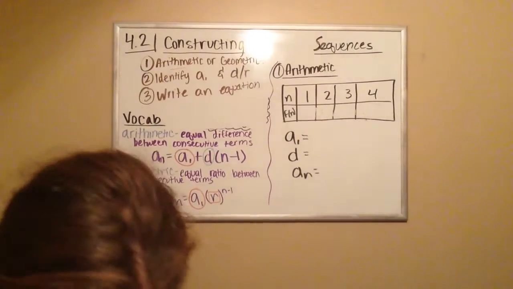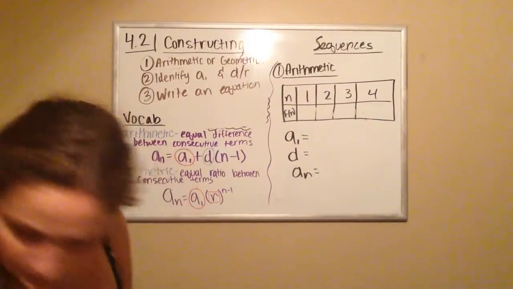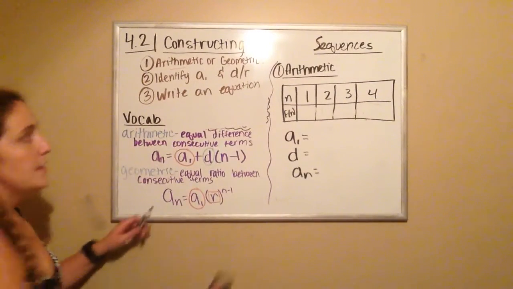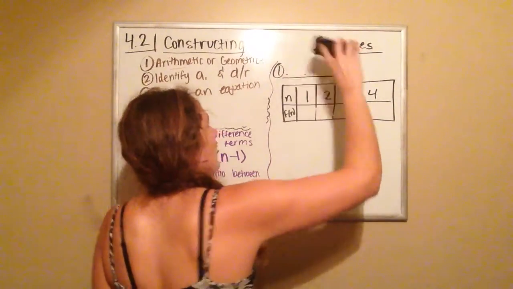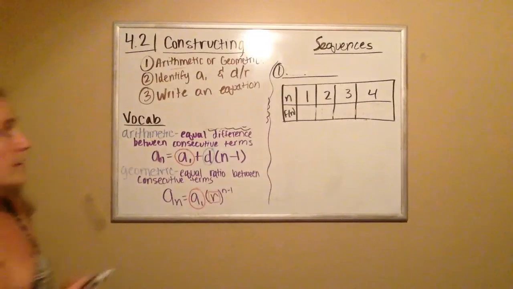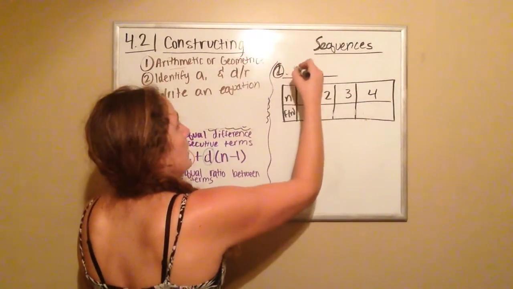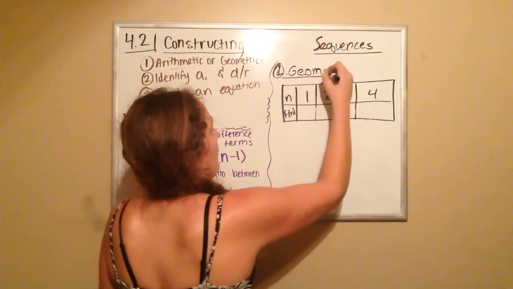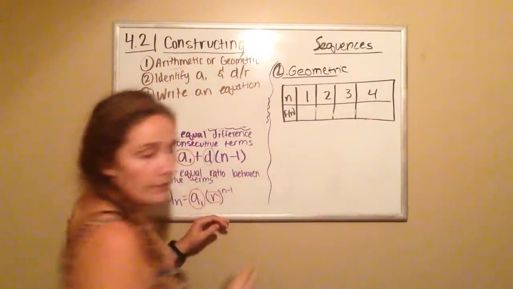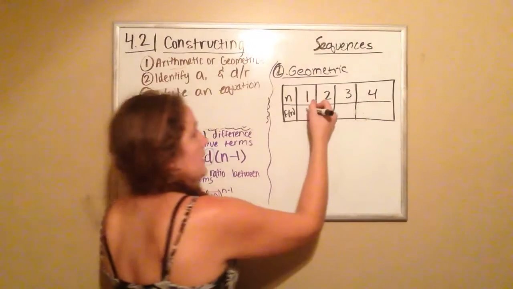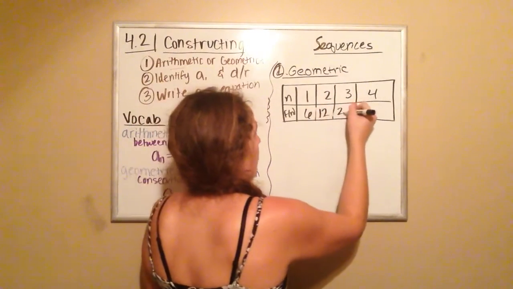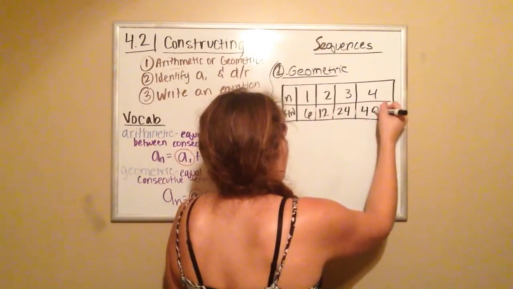So let's do some geometric sequences. The first one we're going to look at has 6, 12, 24, and 48.